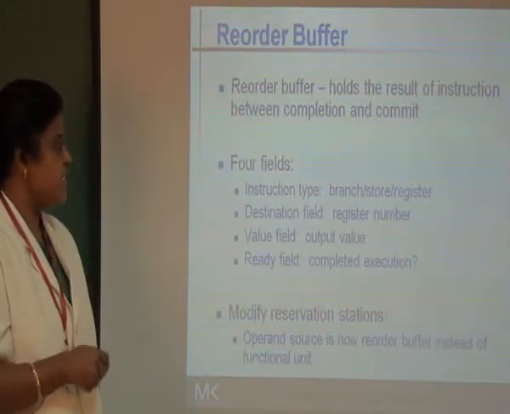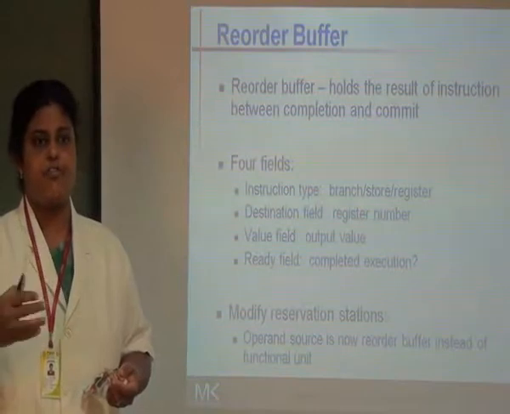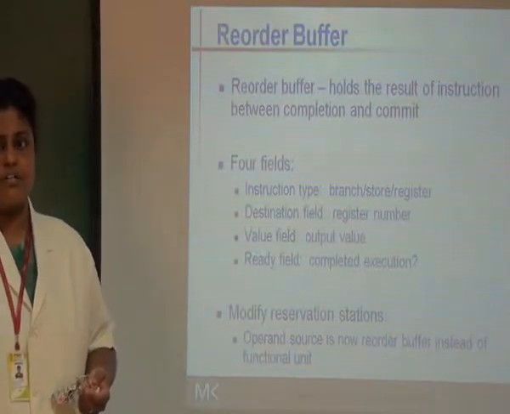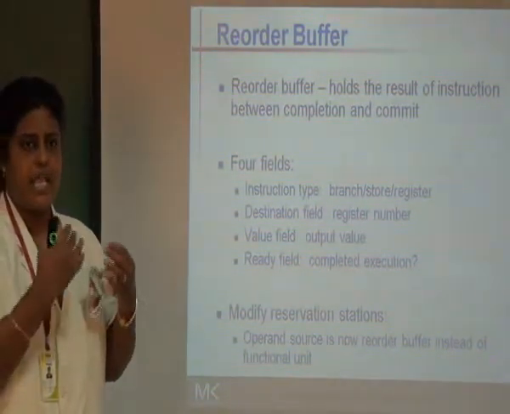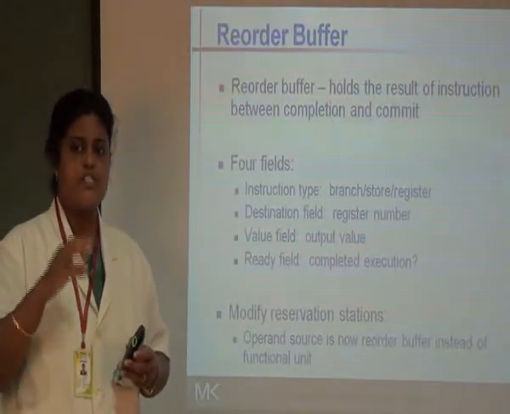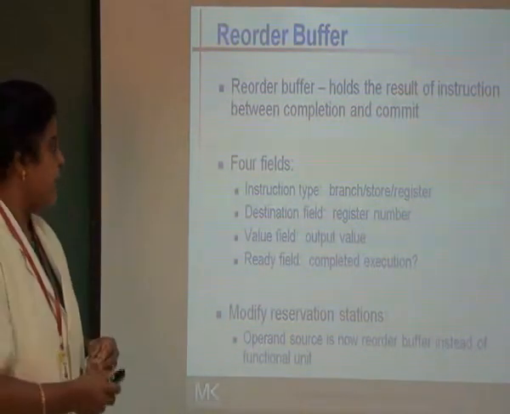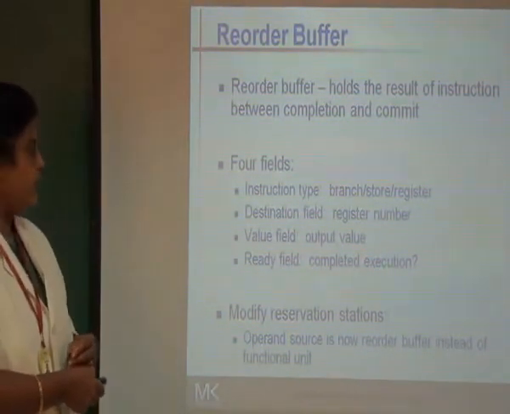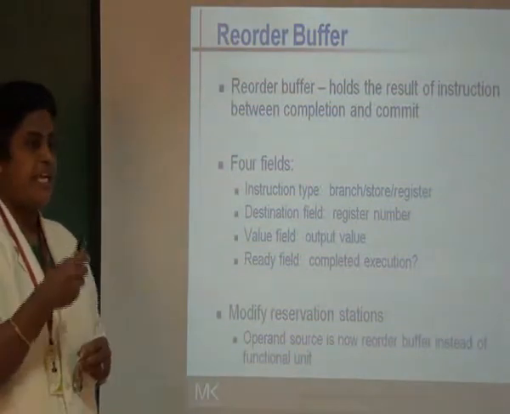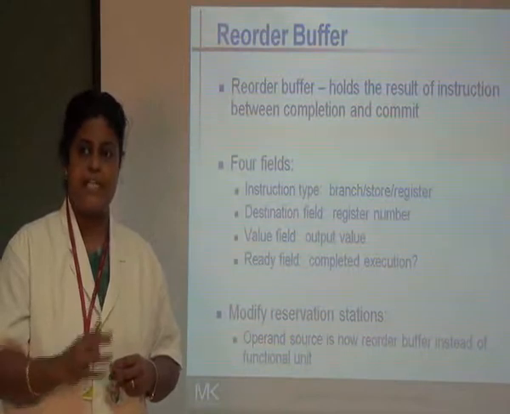In the case of the destination field, it is just going to be a register number, either F0, F2, F6, F4 or whatever it is. It specifies the name of the register which you are supposed to update or commit as a result of execution of the instruction. The value field holds the output value, and the ready field tells whether the execution operation is complete or not.